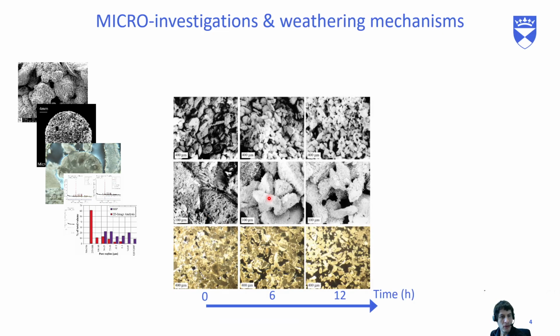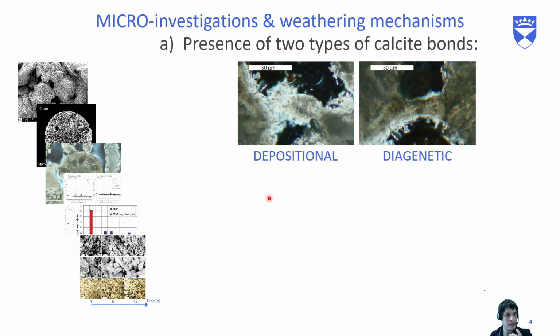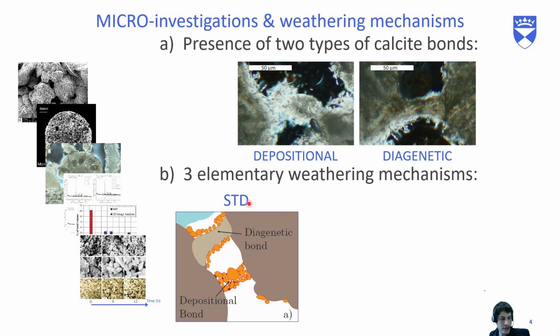And all these micro investigations led to identify two things. First, the existence of two types of calcite bonds, the depositional, as you see on the left, and the diagenetic on the right. And then three elementary weathering mechanisms. The short-term debonding affecting the depositional bonds, whereby upon water saturation, the depositional bonds would fall into suspension in the pore space.